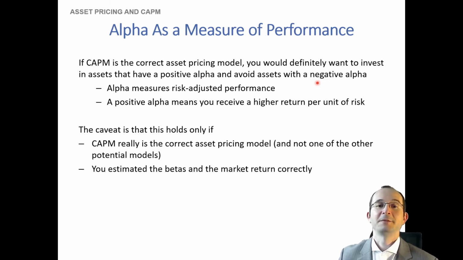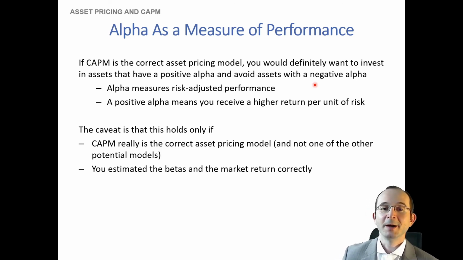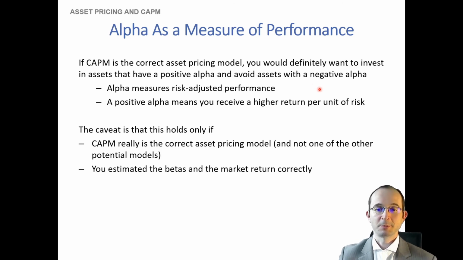In other words, alpha is essentially our measure of risk-adjusted performance because we know what the expected return, given how much risk you take, is. And if you get more expected return than your fair share, so to speak, that means you have superior risk-adjusted performance. If you have less, a negative alpha, you have inferior risk-adjusted performance.